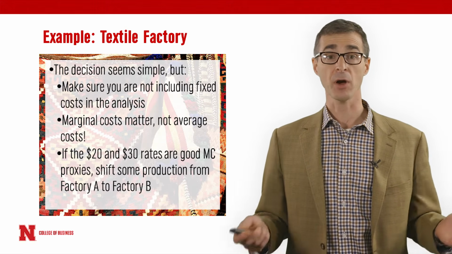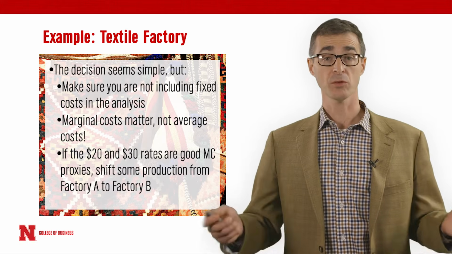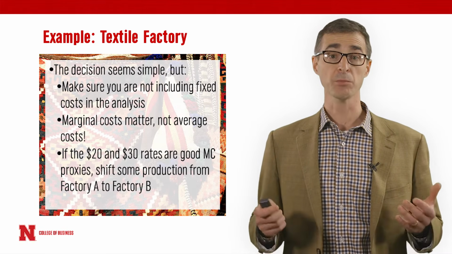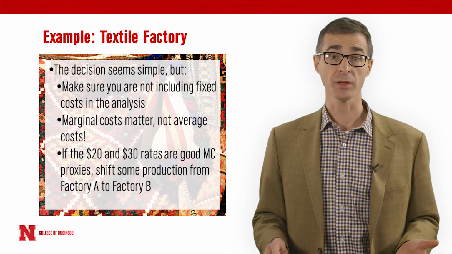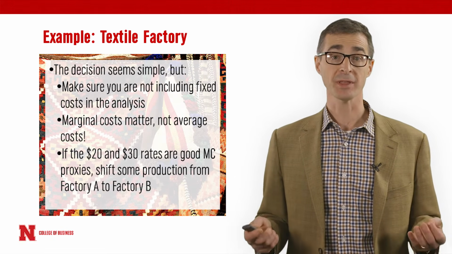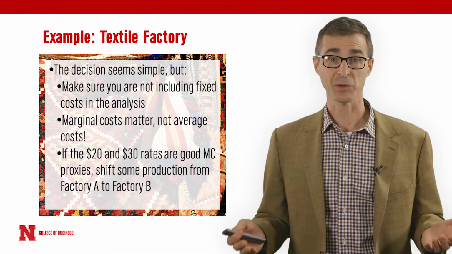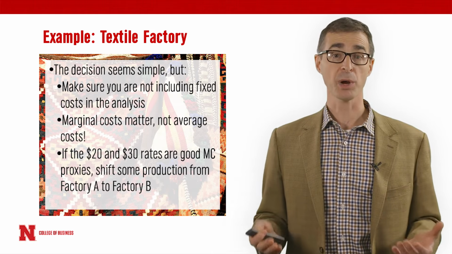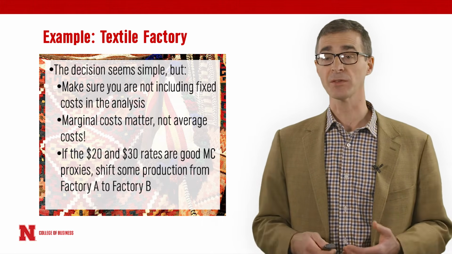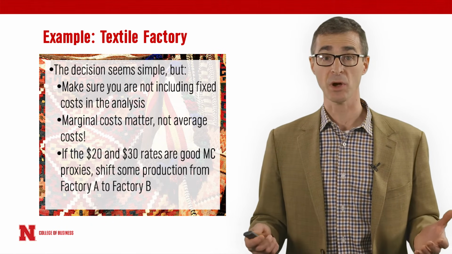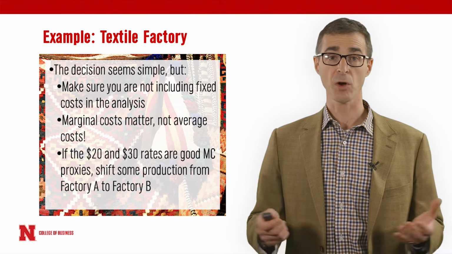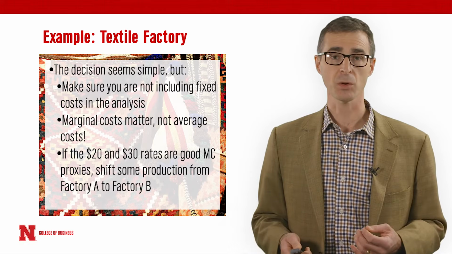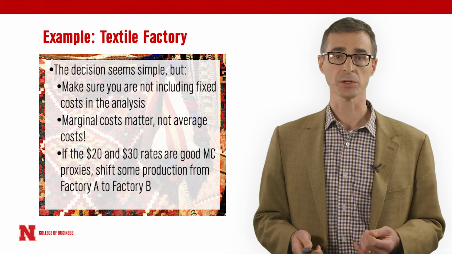On the other hand, if costs are increasing at more than $20 per SAH, it suggests that the original measure was probably a poor proxy for marginal costs, and ultimately the economic decision, to the extent that it was poorly made or was not the right one, was based upon a poor proxy for marginal cost. So if that were the case, it's not the case that marginal cost is the wrong measure, it's just that the measure of cost per standard absorbed hour may only be very imperfectly correlated with the true underlying marginal cost.